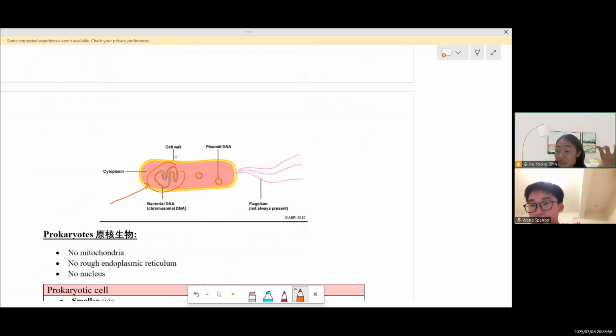So this is found in the prokaryotic cell, in all the bacteria, in all prokaryotic cells. So Spencer, always remember that all bacteria belong to the prokaryotic cell.